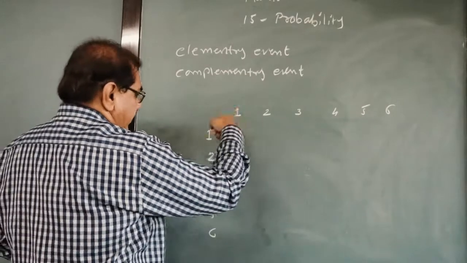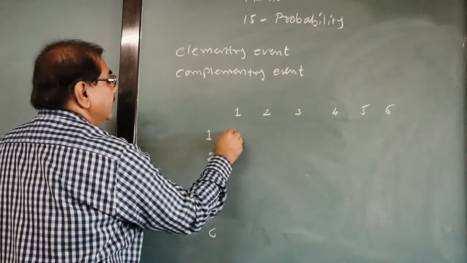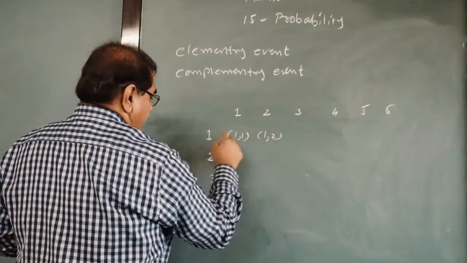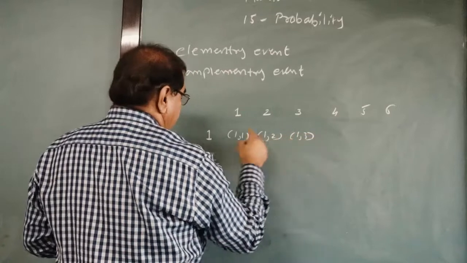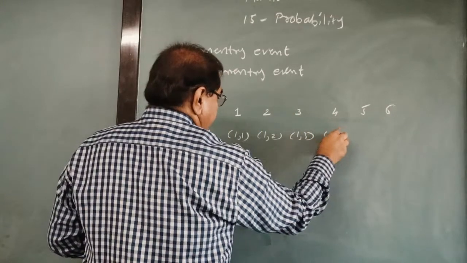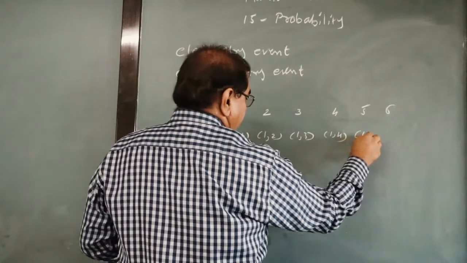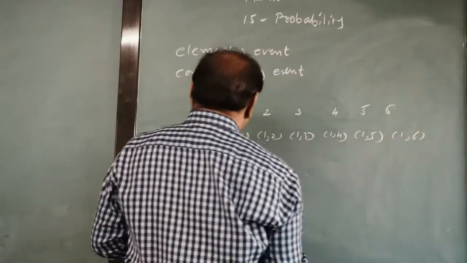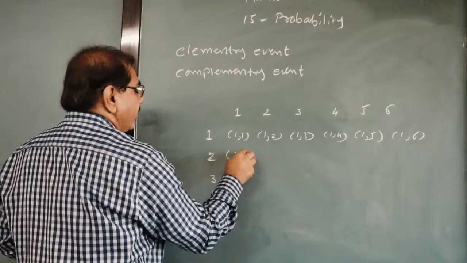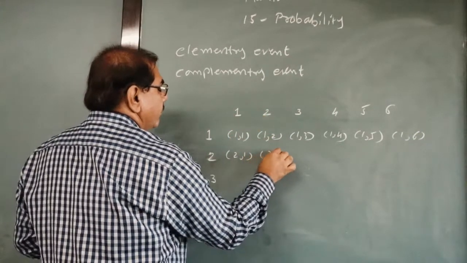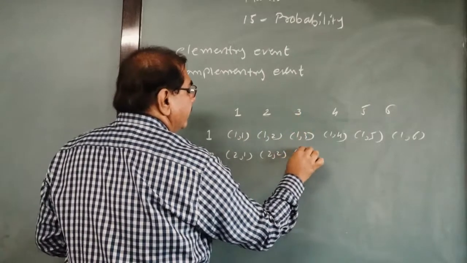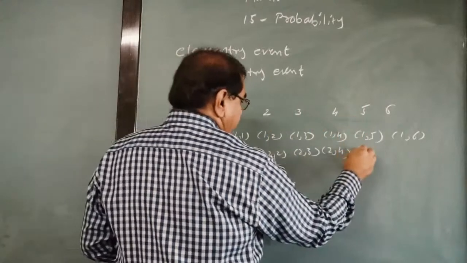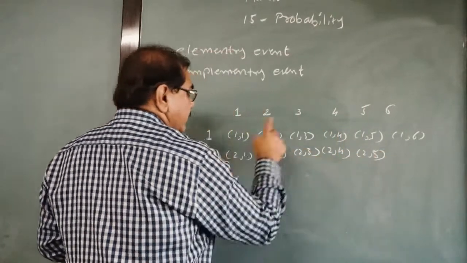And at each place you take their ordered pair: 1,1; 1,2; 1,3; 1,4; 1,5; 1,6. Similarly, 2,1; 2,2; 2,3; 2,4; 2,5; 2,6.